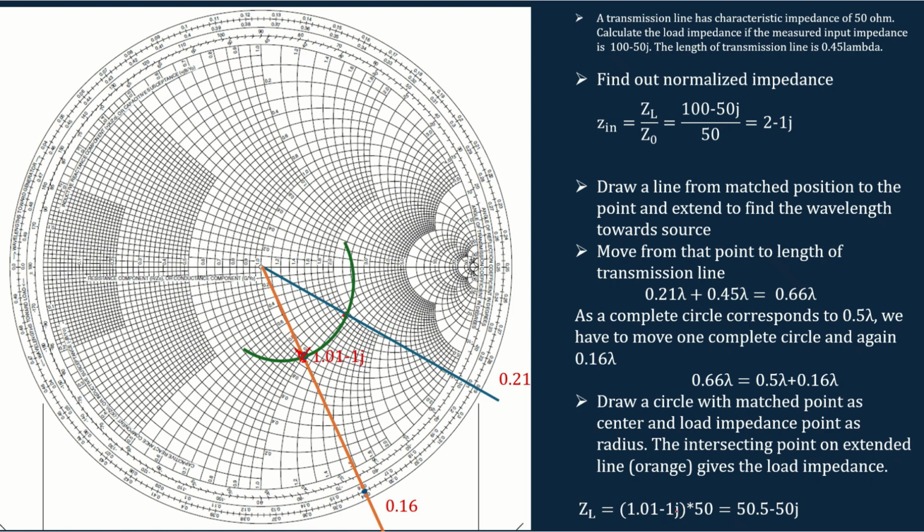If you want to find the actual load impedance, you have to multiply by 50 because all these Smith charts are normalized. So you will get the value as 50.5 minus j50. This is your load impedance. So if you have the input impedance and the length of the transmission line, you can find the load impedance very easily without using complex calculations.